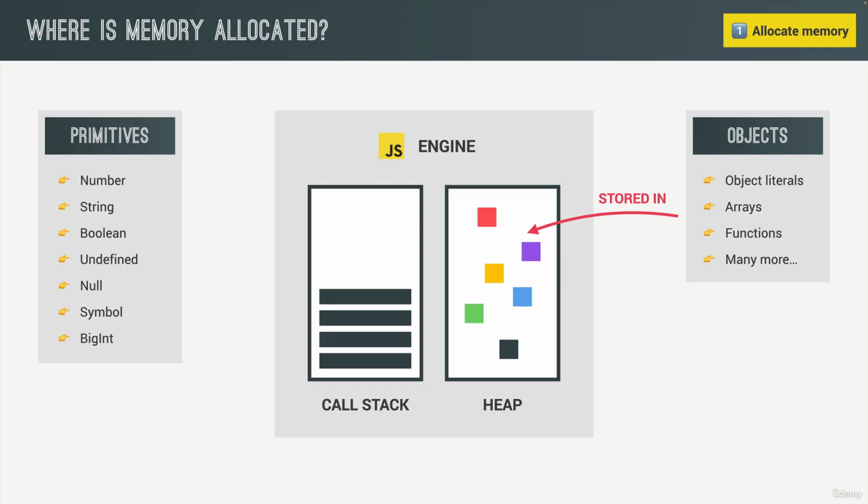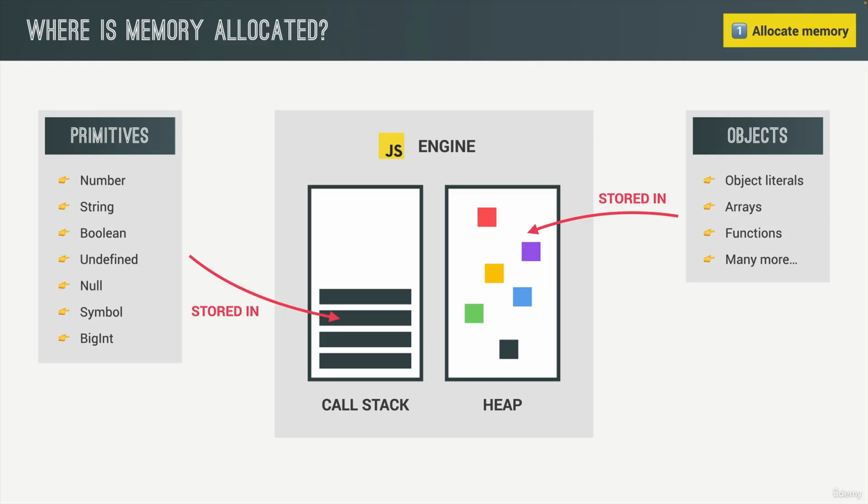Or in other words, it's the memory heap where memory is allocated for objects. On the other hand, all primitive values are going to be stored in the call stack, where our functions run. And in detail, primitive values are actually stored in the execution contexts in which they are created.